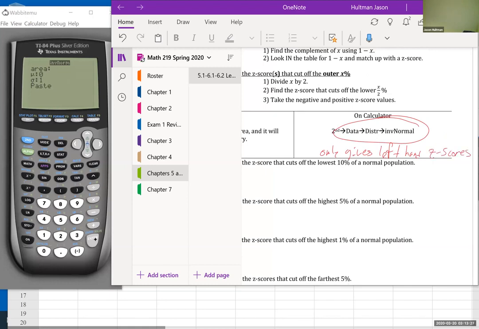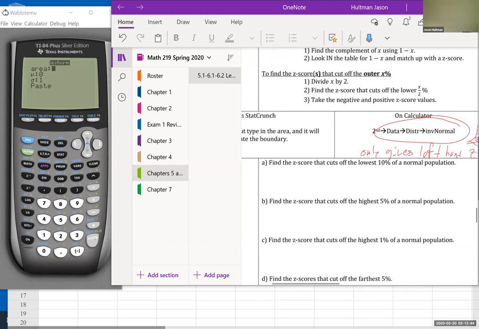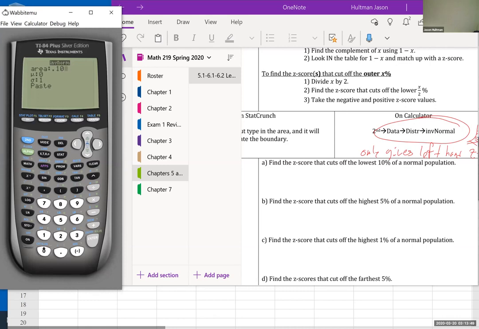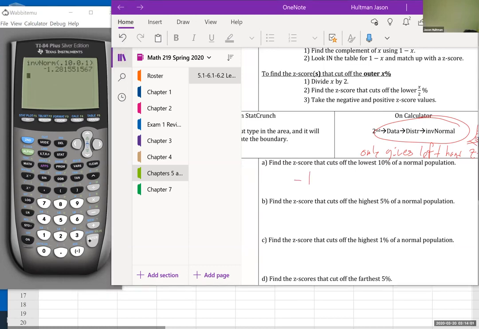Which means it only gives from negative infinity to z. Only gives left-hand z-scores, the calculator. So the area that I want is the lowest 10%. So I'm going to go 0.10 as the area, and hit paste, and that's inverse norm, lowest 10%, and that's negative 1.28.